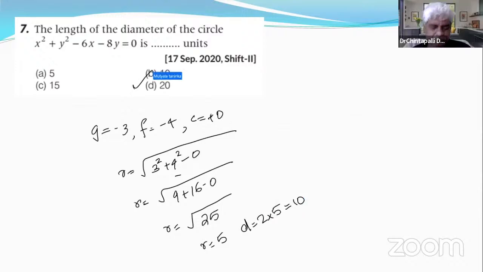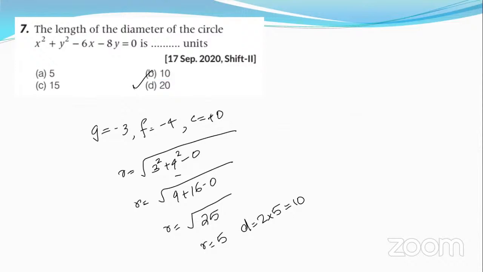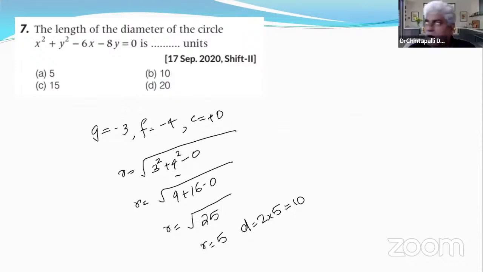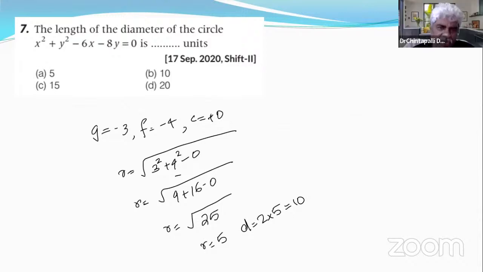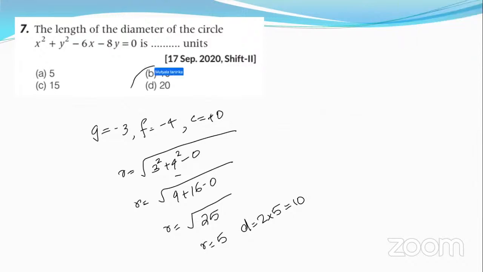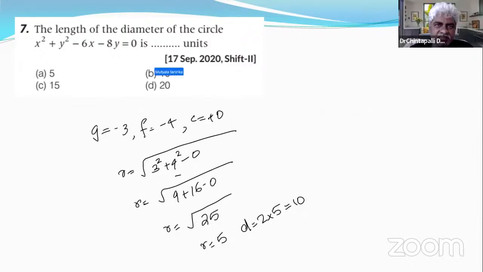Option B, very good. Radius is 10. Diameter, option D, 20. Radius is 5 and... oh, radius is 5 only. Okay, then option B is correct. Option B, 10, is correct. Diameter is double the radius.